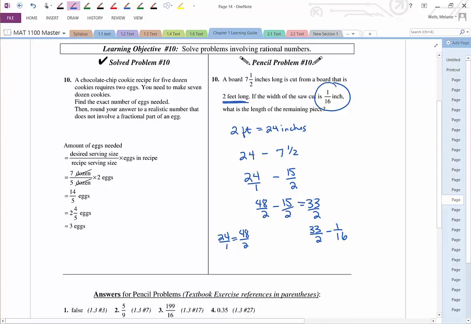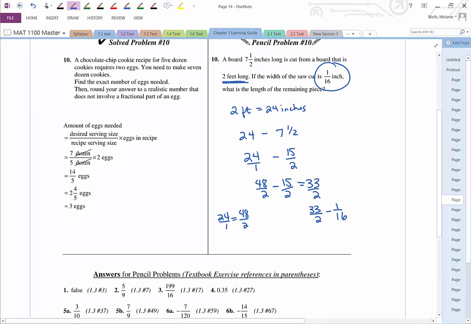Let's change both of these to 16ths, which means that the 33 halves, if I change that to 16ths, I need to multiply by 8. 33 times 8, and you can do that in your calculator, is 264. So I've got 264 16ths minus 1/16 is 263 16ths. We're going to change this to a mixed number.